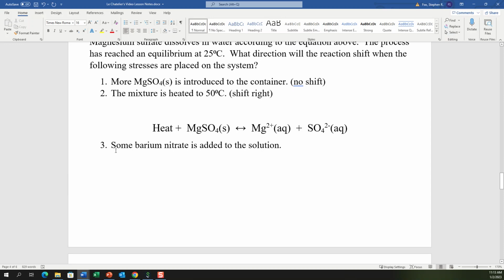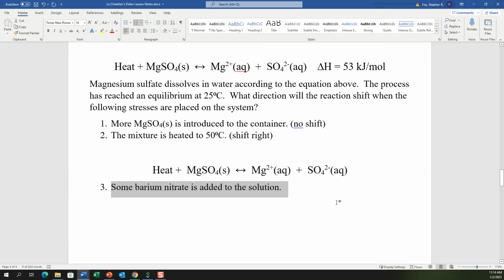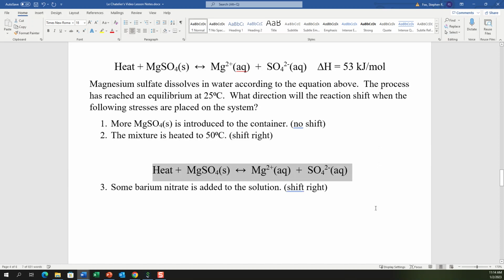All right, now here is one that I really want us to understand. Adding some barium nitrate. Okay, so first I'm just going to let you know that this causes a shift right. Okay. But how? Barium nitrate is not a part of this reaction. This is where we have to start thinking about things a little bit deeper. All right.